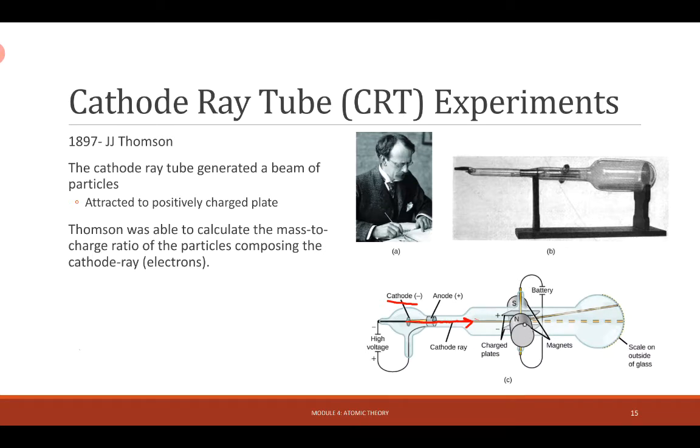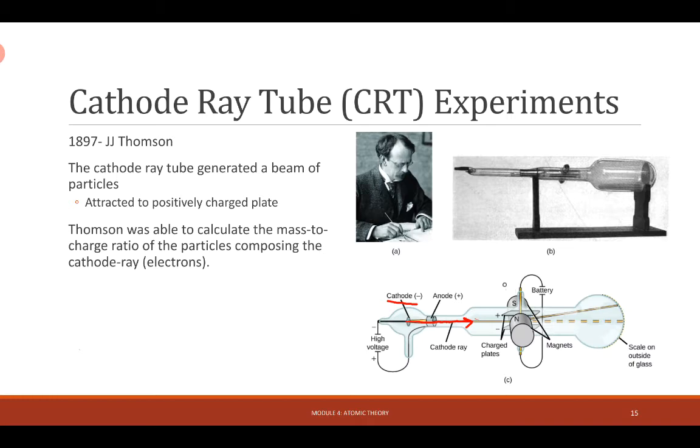He was playing with electric fields and magnetic fields and seeing the effects on this cathode ray. He could see where the beam was because there was a coating over here that would glow when hit by this cathode ray.